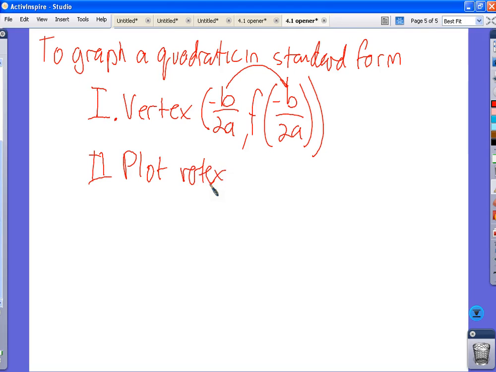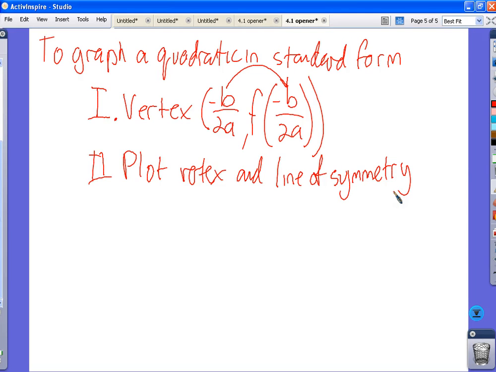What else can you plot right away once you plot the vertex? You can decide whether it opens up or down. We can also draw a line of symmetry. Do we not have graphs? No, you don't, but it helps you remember that you should have this reflection. It's not part of the graph.